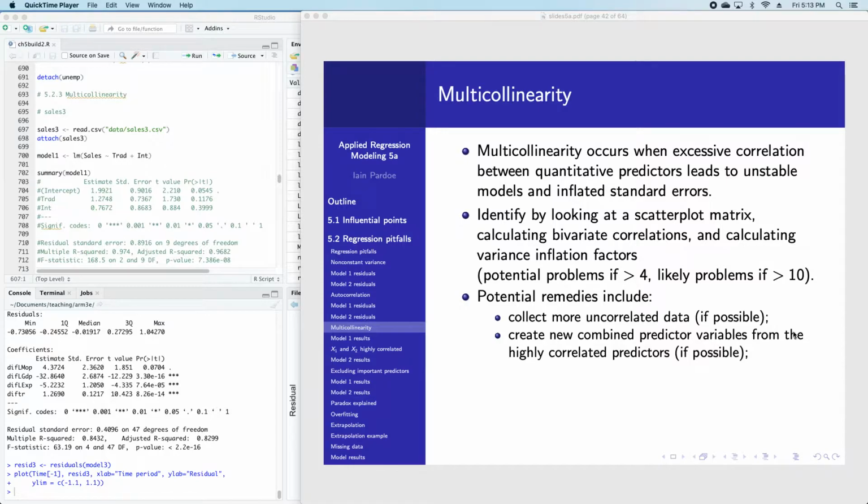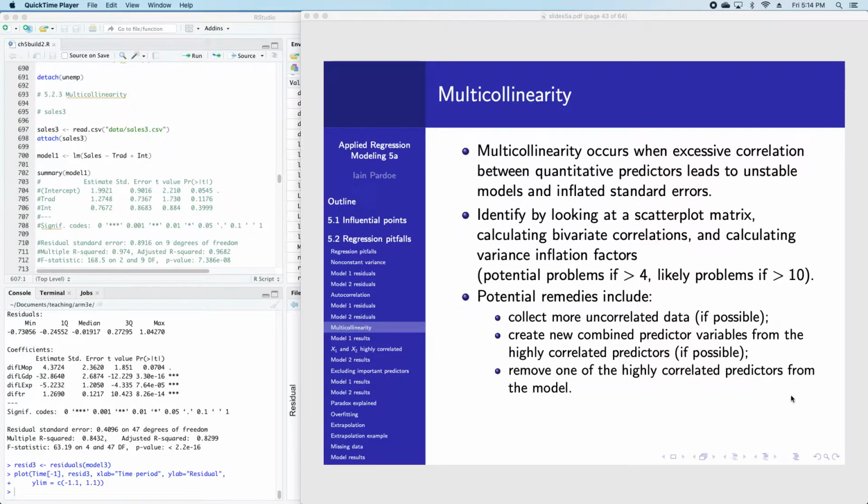And I'll actually show an example of this in the data that we'll look at in a second. Again, it's not always possible to do this. It very much depends on the particular application that we're looking at, whether combining predictors together is meaningful.